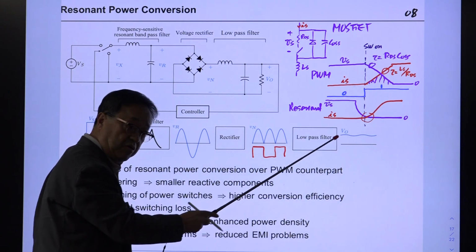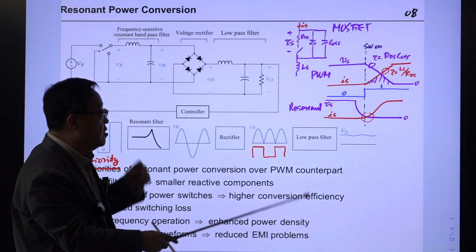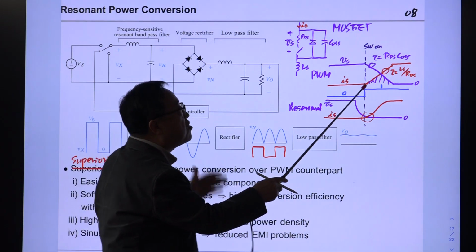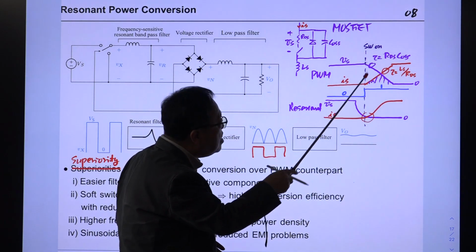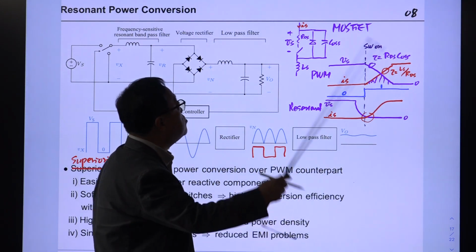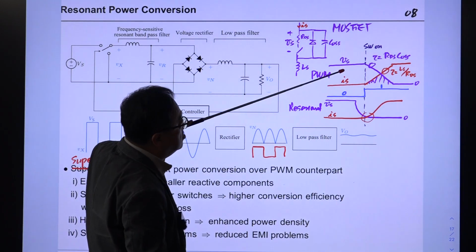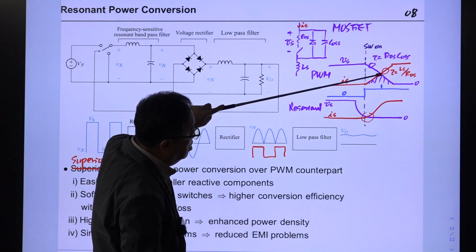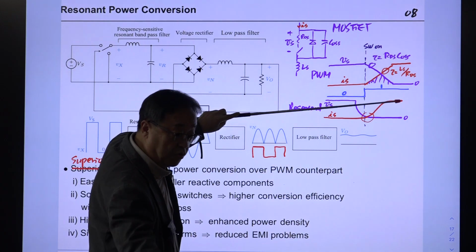When you create the channel, this current does not go immediately to the high value, and this voltage does not go immediately to zero either, because of these parasitic components; there is some time delay. This voltage drops gradually in linear fashion, and at this point the channel is fully turned on.